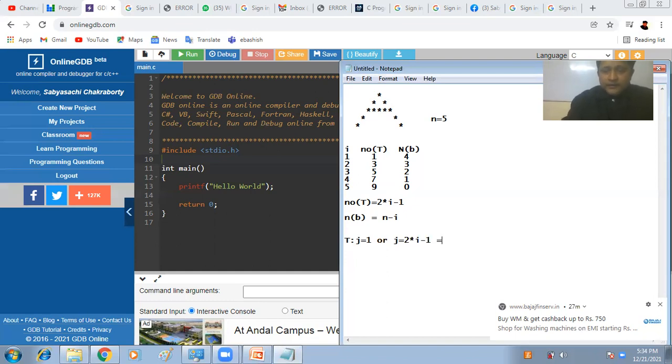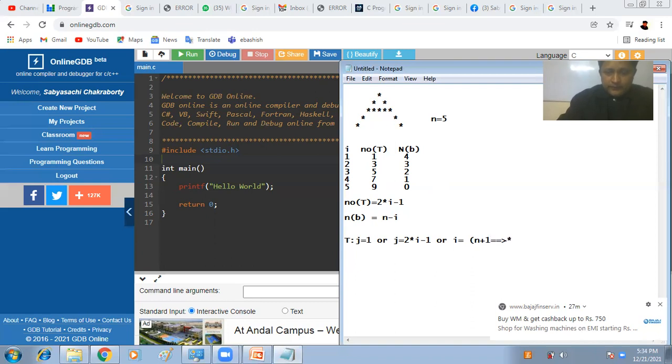Not only that, but also when I is equal to the median value of n, (n plus 1) by 2, which means 3, the mid position.